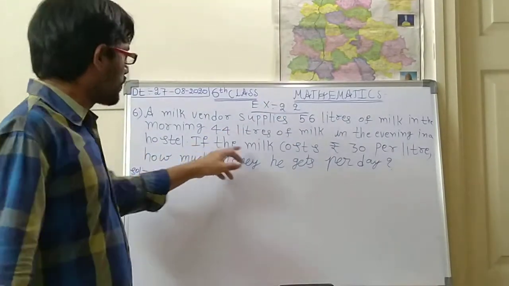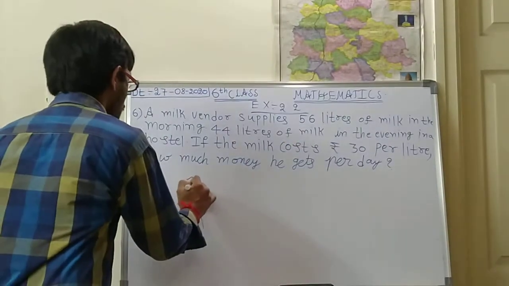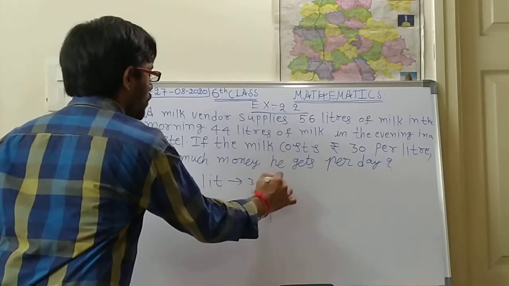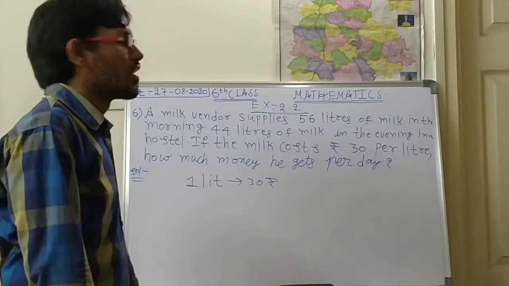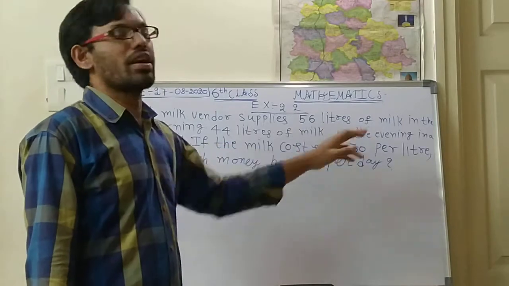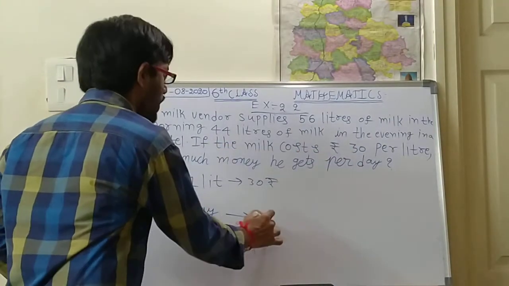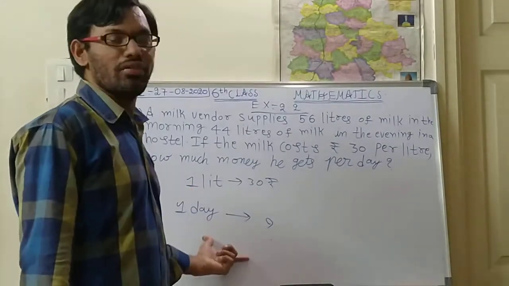If the milk costs rupees 30 per liter, then for 1 liter the cost of milk is 30 rupees, and how much money does he get per day? For one day, how much money will he get?